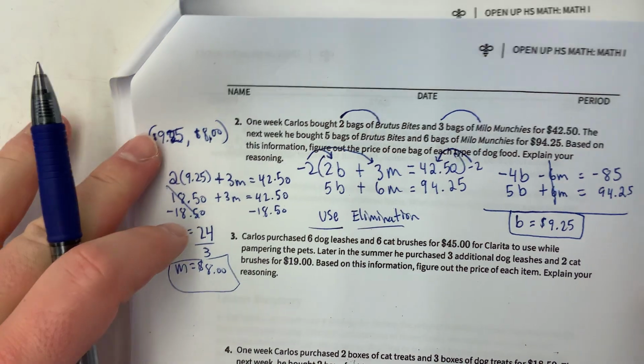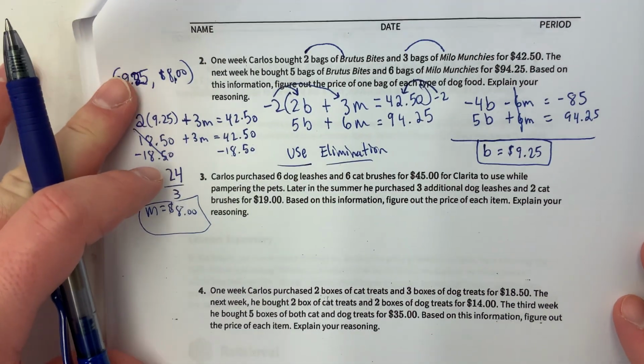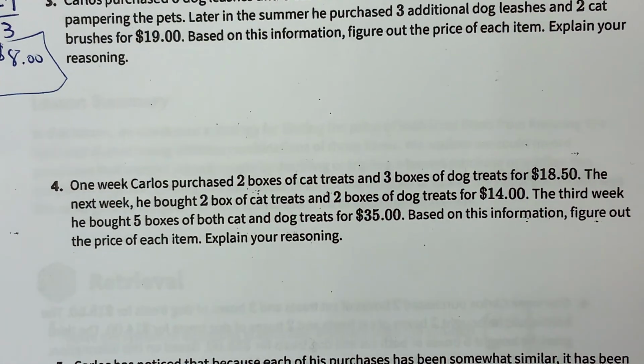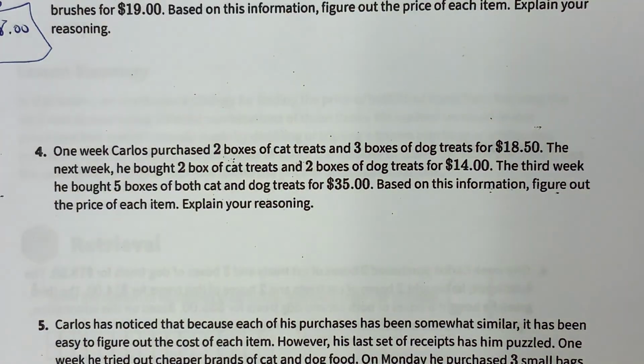What I'd like you to do is, based on that explanation, if you're willing, to try number 4. Number 4 is the exact same thing we just did. It's got a little more information, like there can be more equations, but you only need 2 equations to solve.